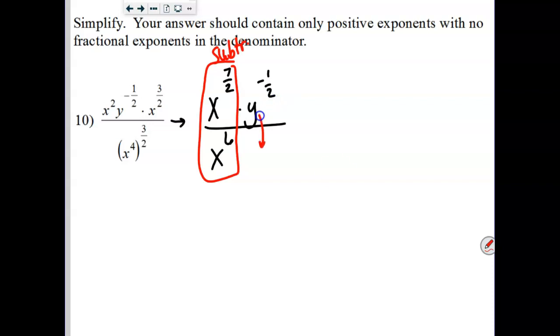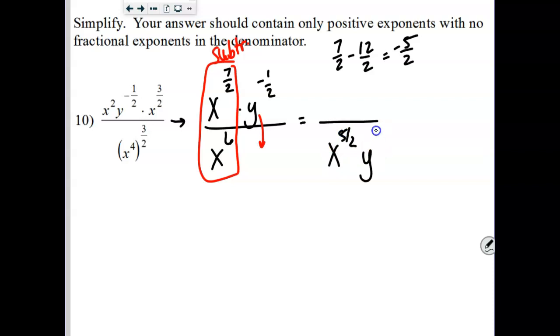And then aren't we going to move that y to the denominator at some point? Because there's some weird rule about moving negative exponents. All right, so 7/2 minus 6 would be 7/2 minus 12/2, which gives you negative 5/2. So I'm just going to take the liberty of throwing this down to the denominator. You have x to the 5/2 and y to the 1/2. And then there's nothing left in the numerator, so a 1 up top.